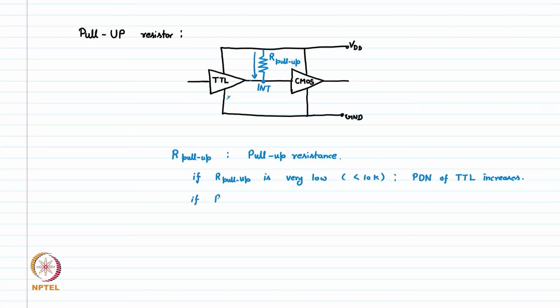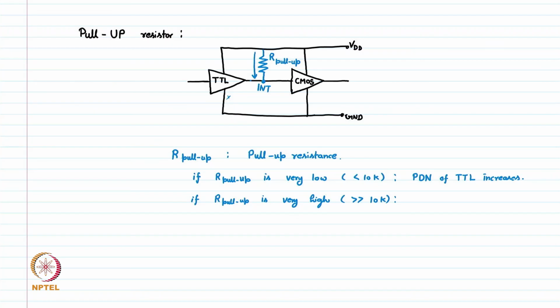If we keep R pull up very high, typically giga ohm or so, then this R cannot provide enough current to the intermediate node, and it cannot pull up the intermediate node immediately.